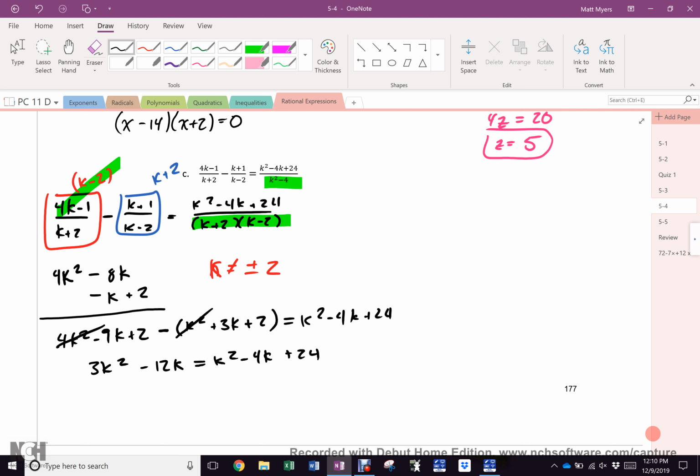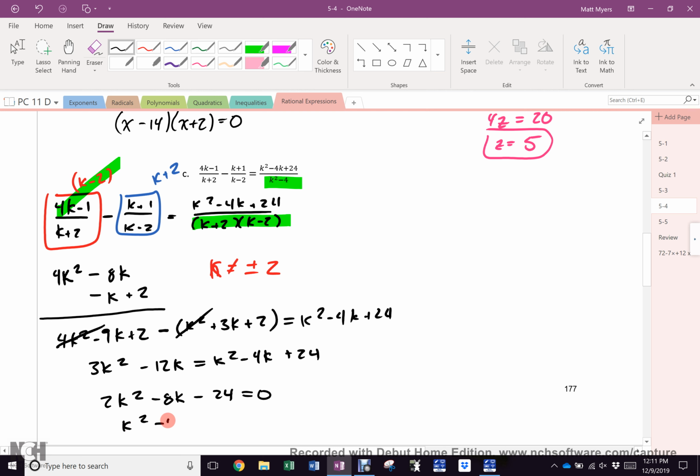Okay, so what is it? What can I do there? Factor what? So does that 2 factor into the equation anymore?